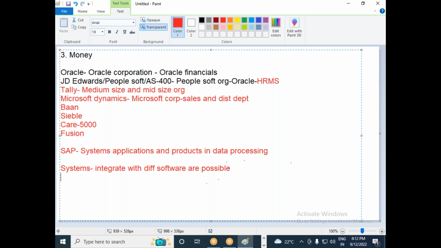When I say applications, what is the meaning of applications? Applications are nothing but, you might have heard about it. You are trying to learn SAP MM, so you inquired about SAP MM. When you were inquiring, you might have come across that in SAP there will be different modules.